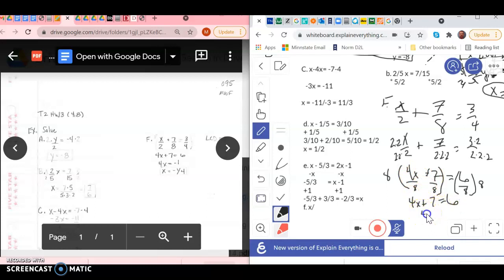So you subtract 7, you end up getting minus 1, and then divide by 4. So x equals negative 1/4. That would be F. This is probably the more challenging one, but we've already practiced this in class a little bit on Friday, so hopefully this isn't too hard for you all.